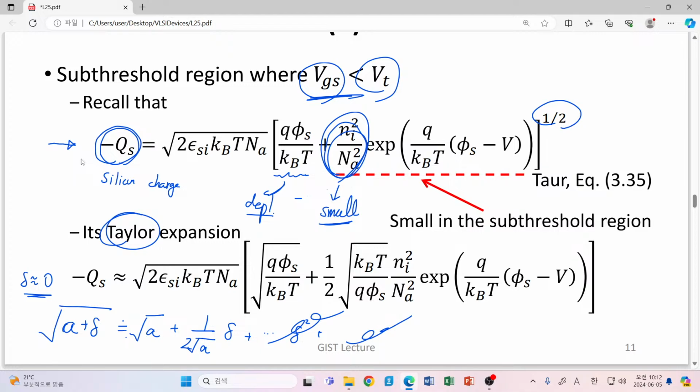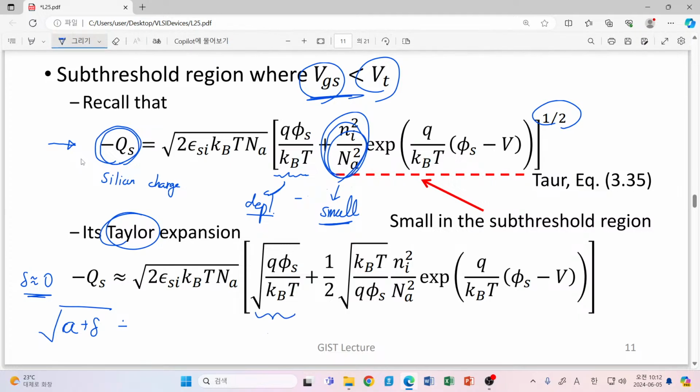So when you do it, then you can identify QS as just the sum of these two terms, and these two terms are identified as, okay, this corresponds to the depletion charge, and this term is identified as inversion charge related.